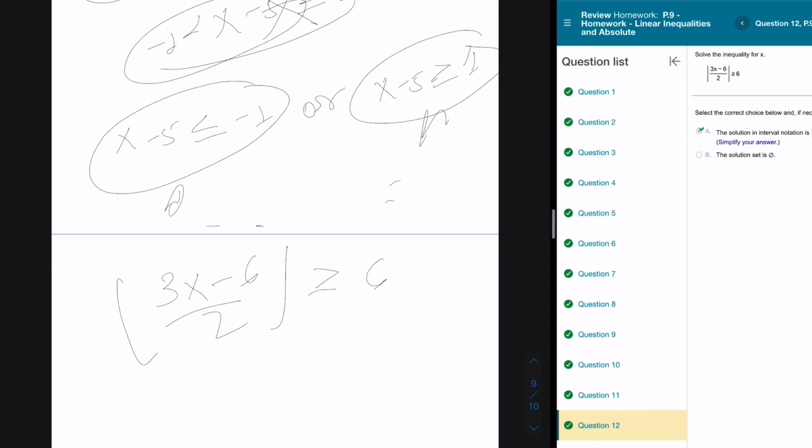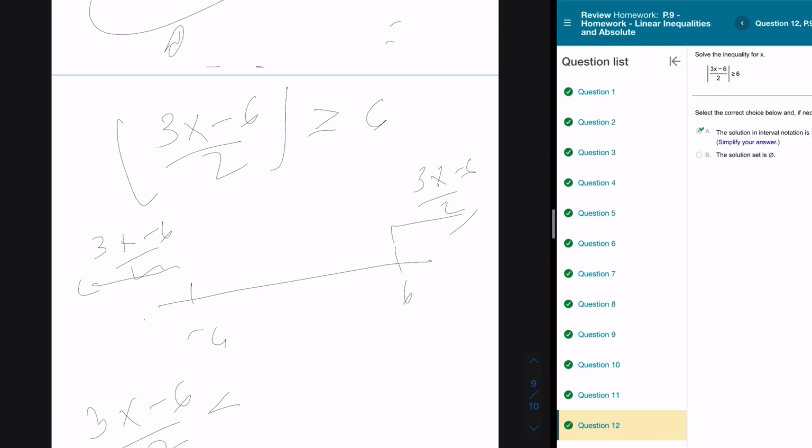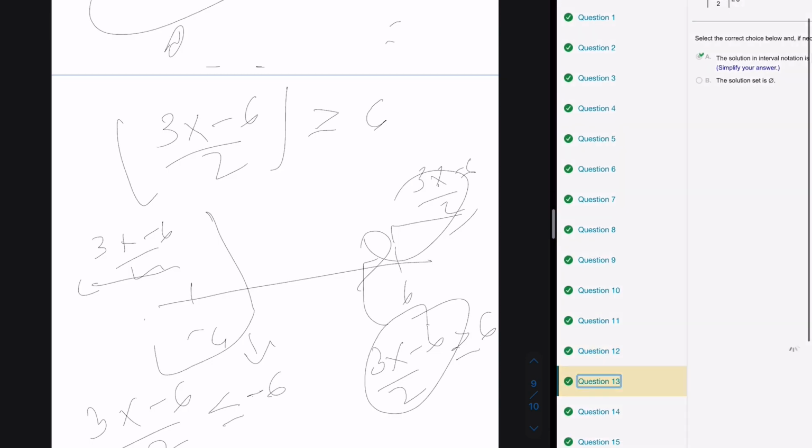Our absolute value is greater, so the graph will look like this thing. 1 is smaller than 6, so our first equation is smaller than and equal to minus 6, and we got this thing from this, and 3x minus 6 by 2 is greater than and equal to 6. Yeah, we got this equation by this. That's it. Solve for the x and you will get the answer.